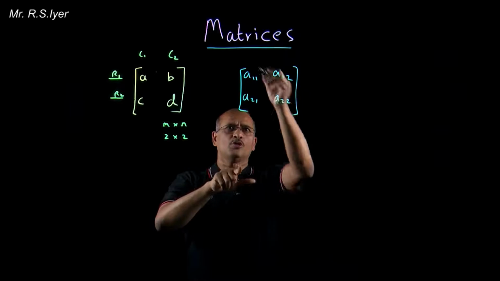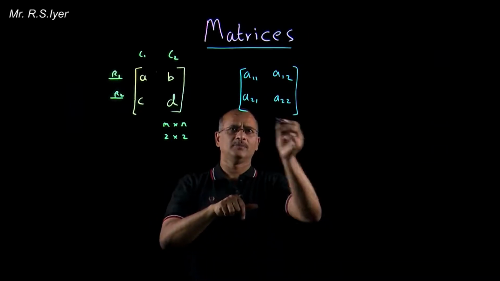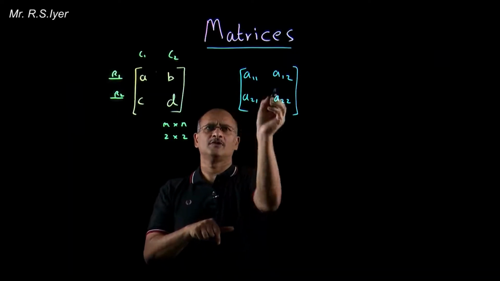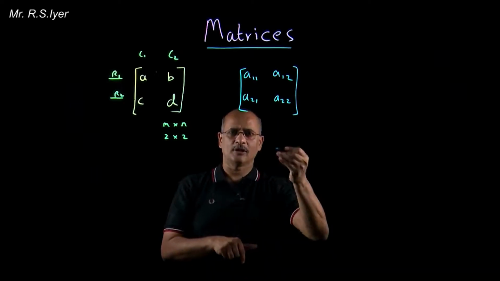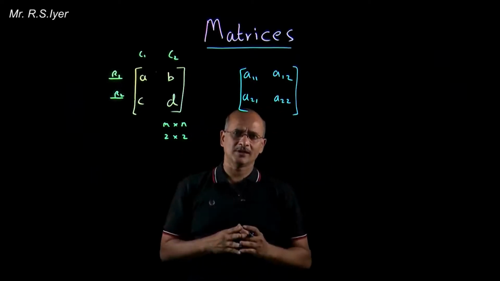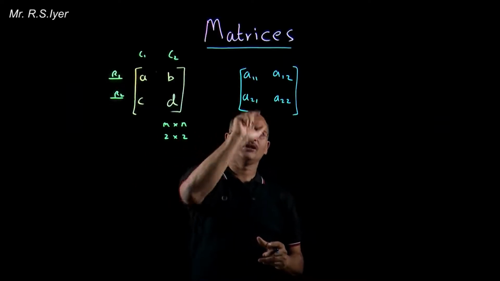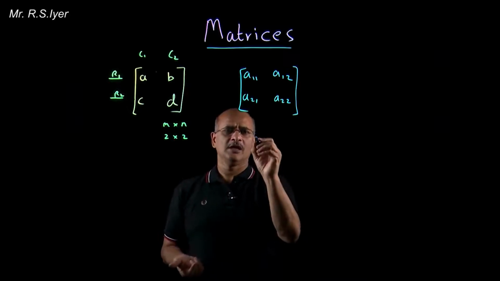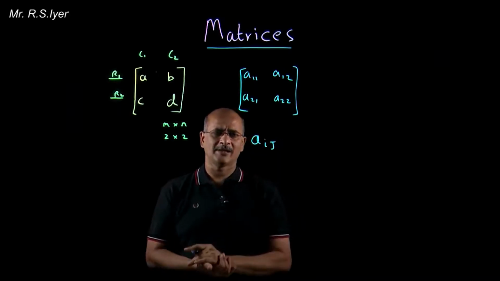A12 is first row, second column. A21 is second row, first column, and A22 is second row, second column. So you need to understand that an element is identified by its position, and the general form of giving this position is the element A with ij format.